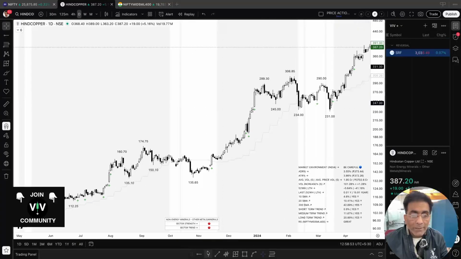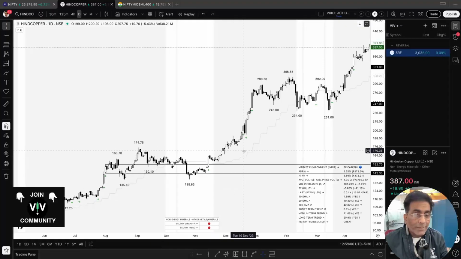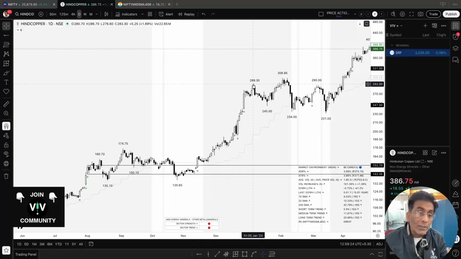Let's check some previous ones. Yeah, look at here. See, in the past there were footprints, so you mark the footprints high and low. If you mark it here, see what happens: price broke the high of this footprint as well as broke above the 10 week moving average, and after 2 3 days, everything got positive and we got the big move.